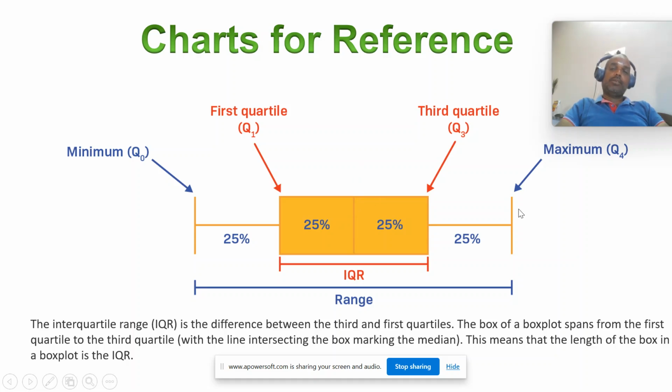And the maximum would be the last 25%. This is the interquartile range, IQR, the difference between the first and the third quartile. Normally, the box runs from the first quartile to the third quartile. The line inside marks the median.